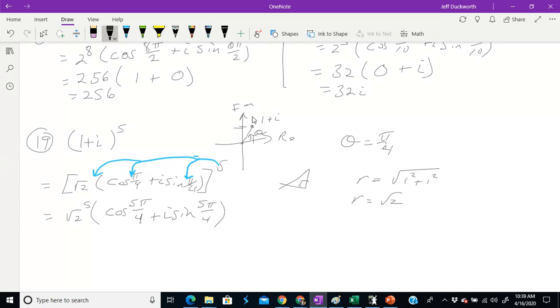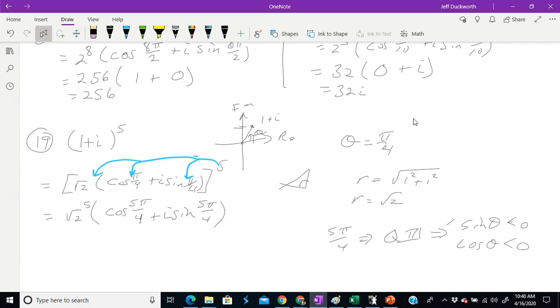All right, so not as easy as a 0 or a pi by 2, something we're going to have to look up. But if we look at it, 5 pi by 4 is over pi, so it's going to be in quadrant 3. And in quadrant 3, both the sine and cosine are negative, so both are less than 0.